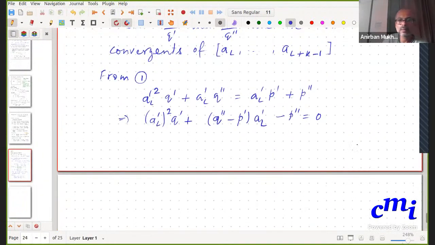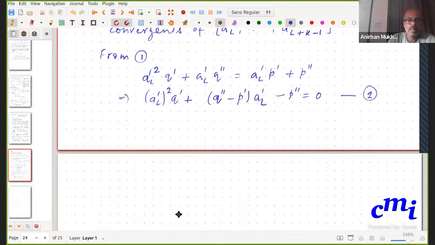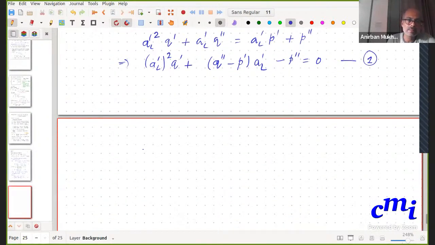Let me call this equation 2, and let's try to connect X to a_l dash.